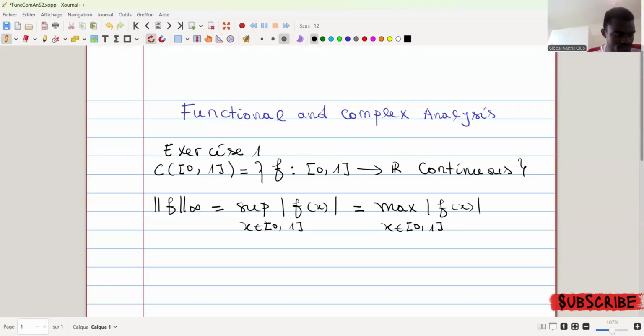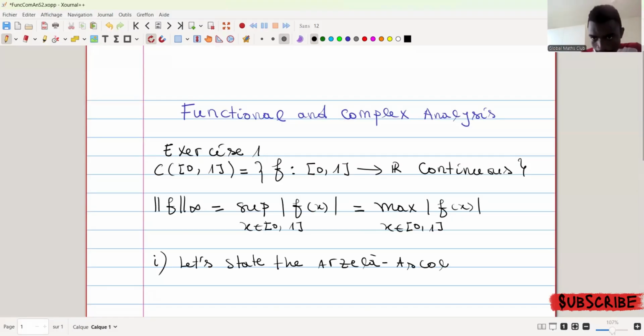So the first question is to state the Arzela-Ascoli theorem. So let us state the Arzela-Ascoli theorem.